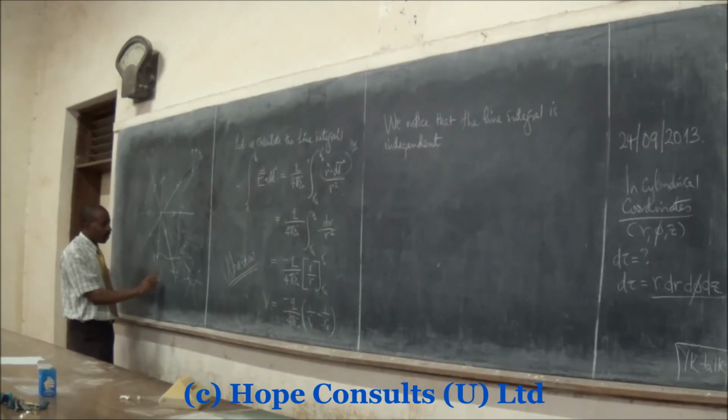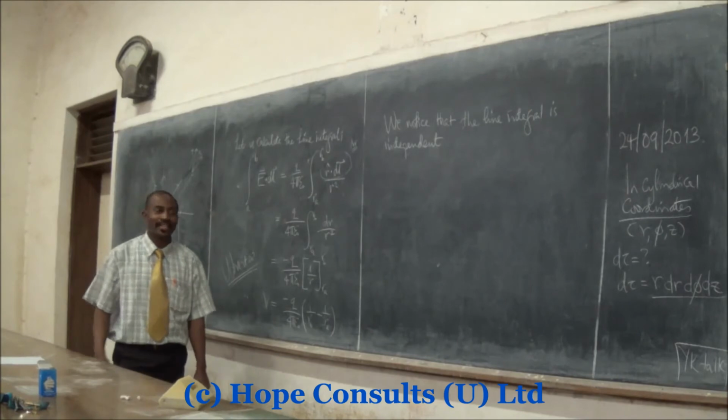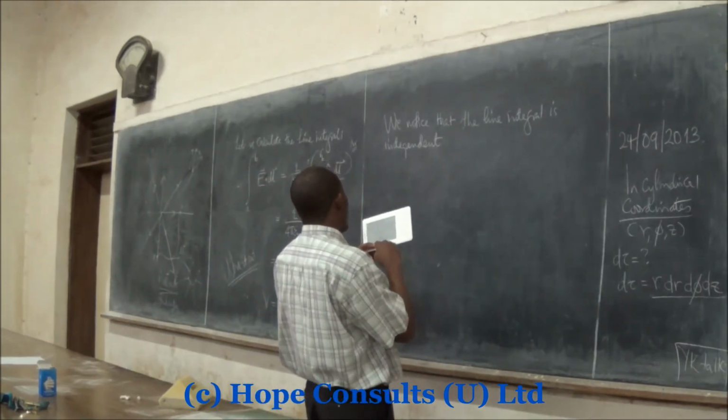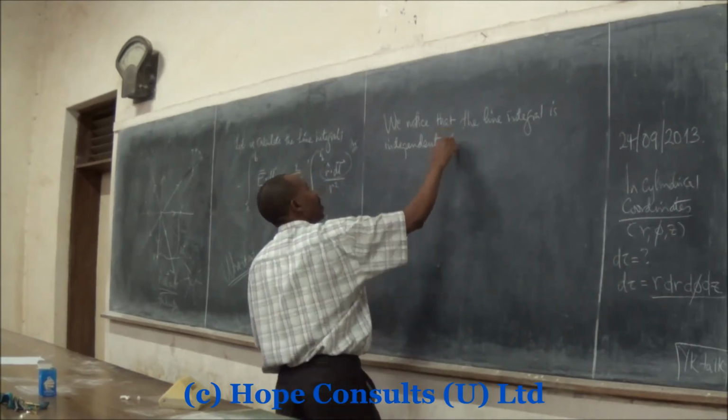You have to know that R roof dot dL is equal to? So find out that and we should be okay. Okay, so now what we get is independent of the path.